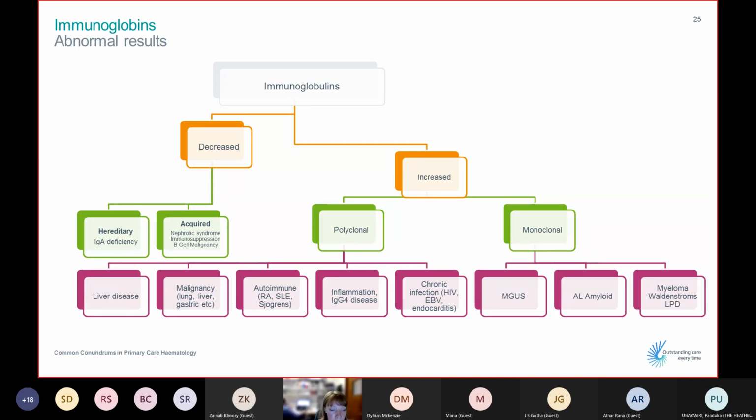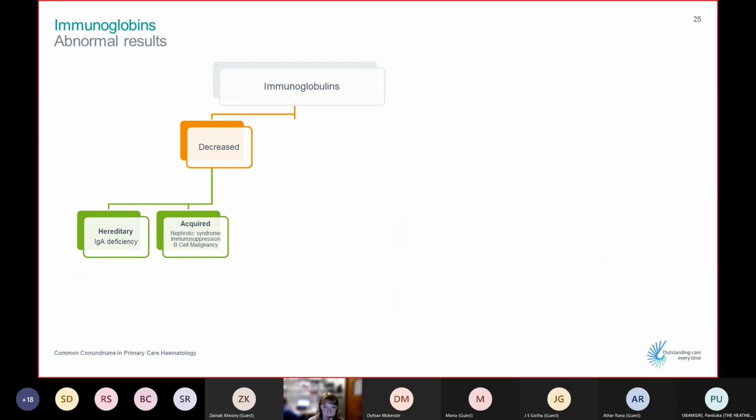When we look at immunoglobulins like this, it can look a bit complicated, but I wanted to break it down into two main sections. So you've done a blood test for a patient and you've found that their immunoglobulin levels are decreased. In rare conditions, this can be due to a hereditary cause, such as IgA deficiency.